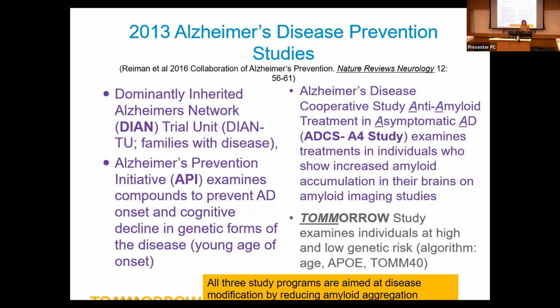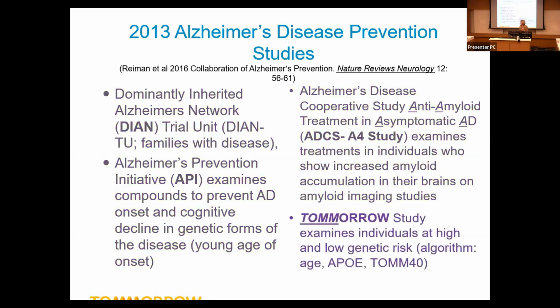That's the same rationale for the API study. For the A4 study, individuals get in because they are already showing abnormal aggregation of amyloid on PET imaging. The Tomorrow study is different in that it uses a polygenic risk score, a genetic algorithm, to determine a group of individuals that are at higher risk.